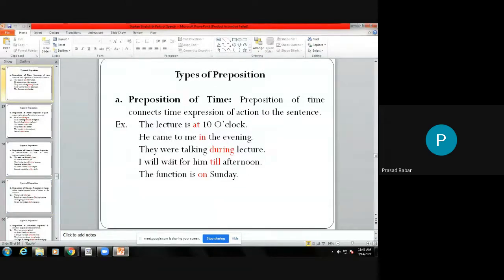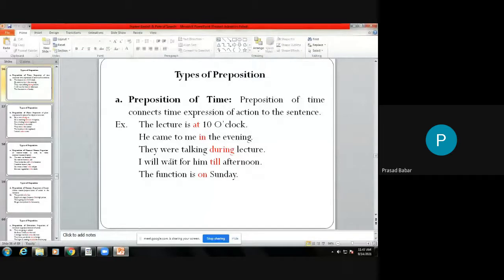Let's see the first type. The first type of preposition is preposition of time. Preposition of time connects the time expression of an action to the sentence.